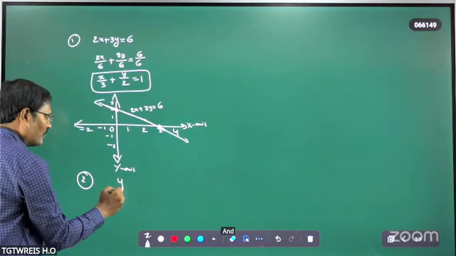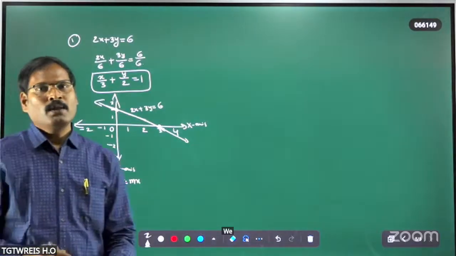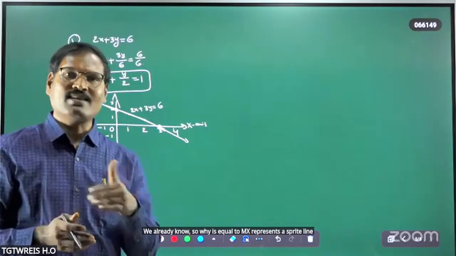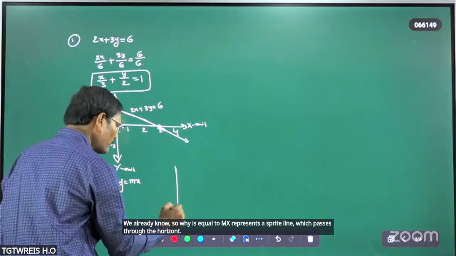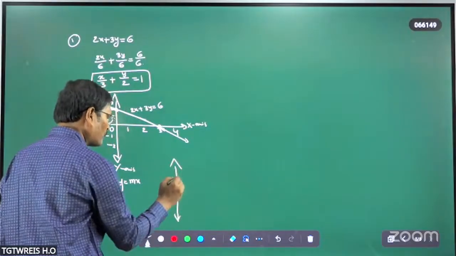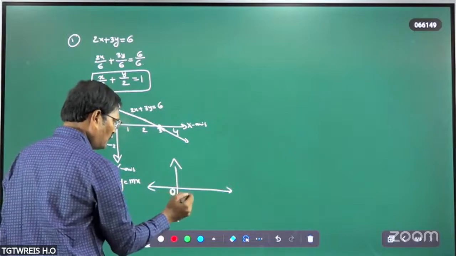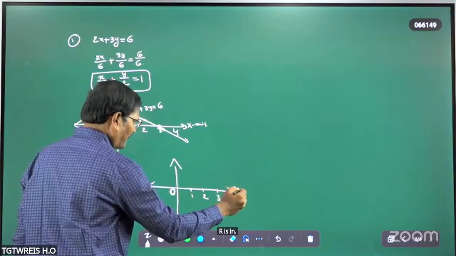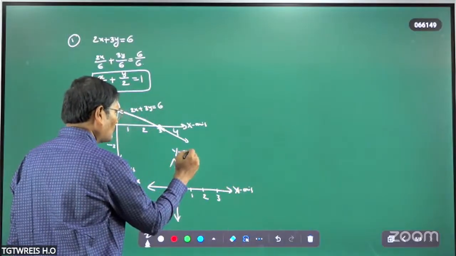And the second one, y is equal to mx. We already know y is equal to mx represents a straight line which passes through the origin. Origin, x-axis, y-axis.